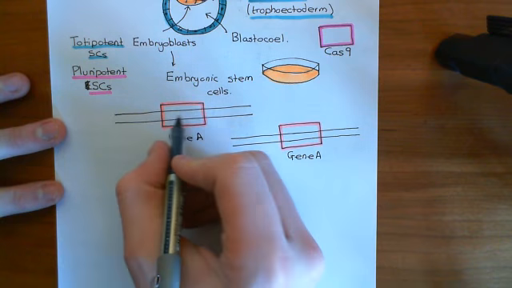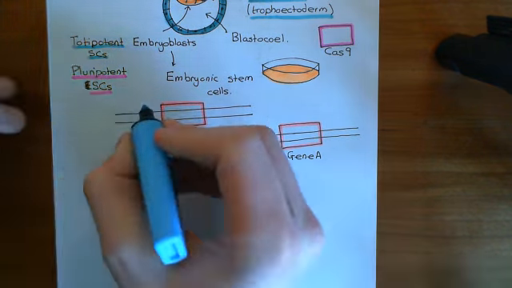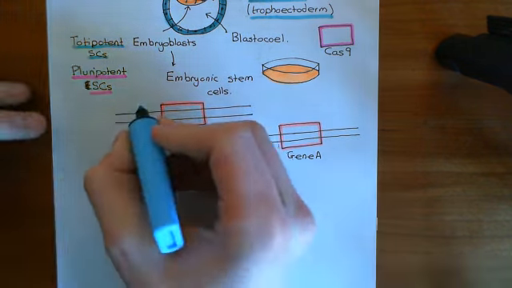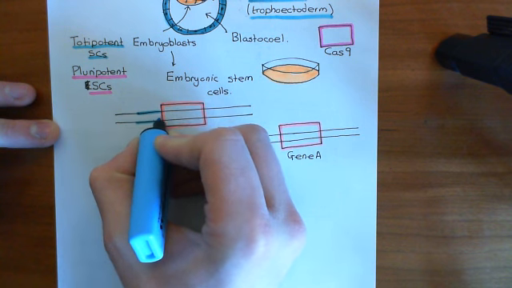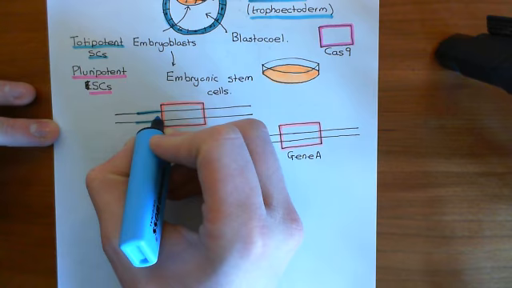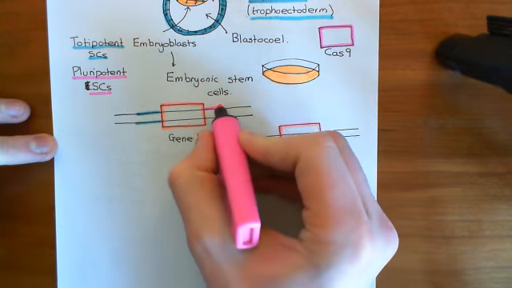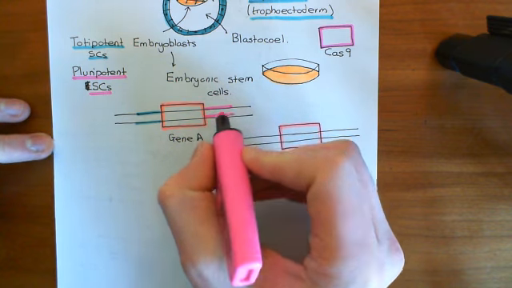We are trying to knock these genes out. So what we need to do is design CRISPR RNAs which are going to be complementary to a portion of the DNA here that is just upstream of the gene. And we also need to do this for the portion just downstream of the gene.